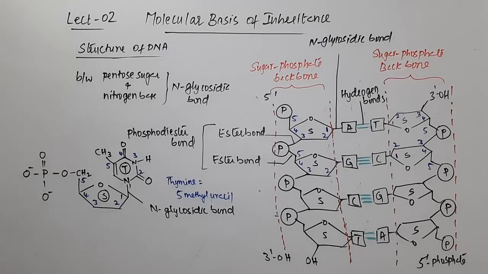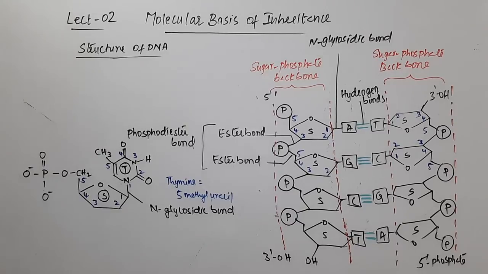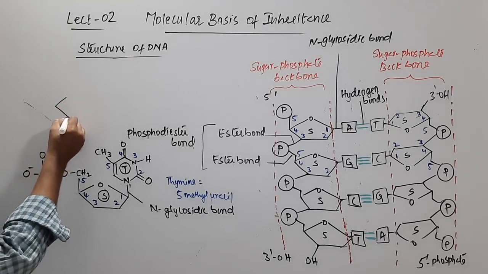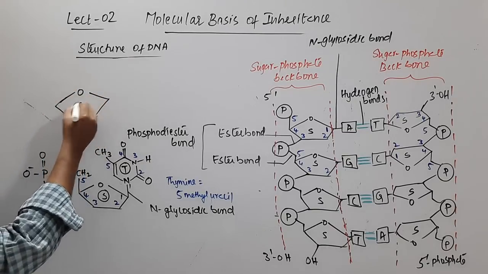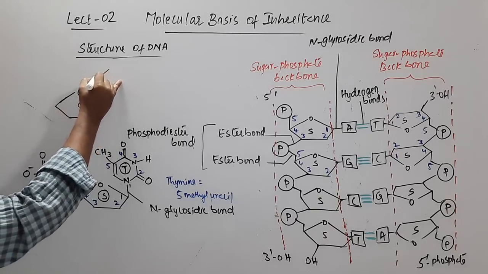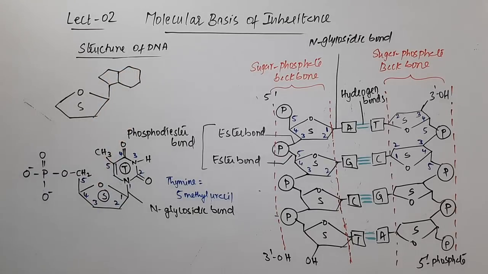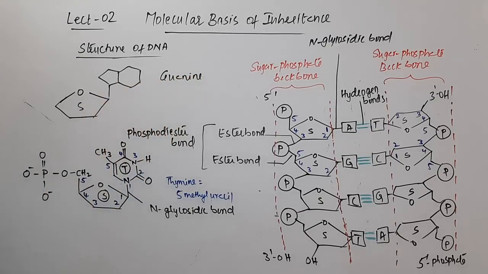Now let's see, in case we take a purine, here also same. But in this case we find two rings, and here I'm going to take this as guanine.